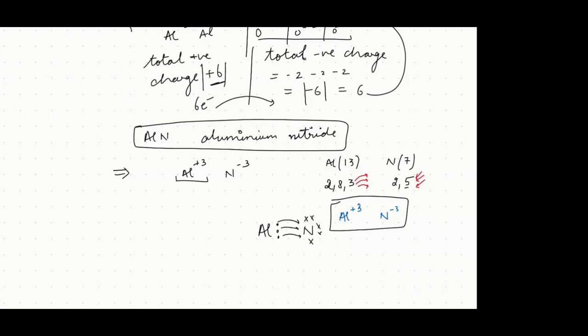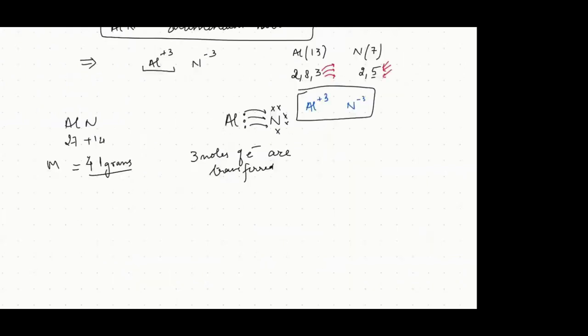So what is aluminium's molar mass? Aluminium's molar mass is 27 and nitrogen's molar mass is 14, so that is 41 grams. That is the molar mass. So 3 moles of electrons are transferred from aluminium to nitrogen to form 1 mole of aluminium nitride, which is 41 grams.